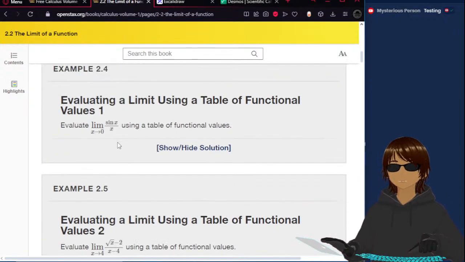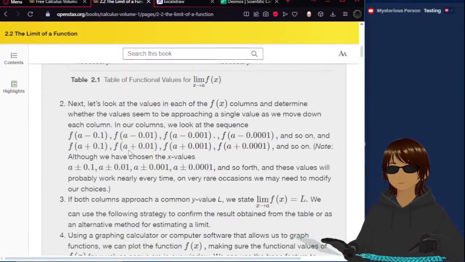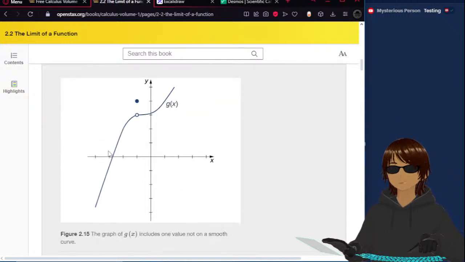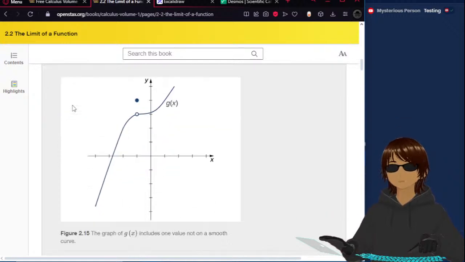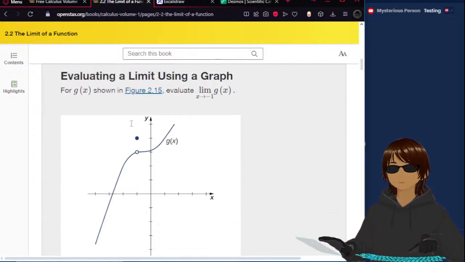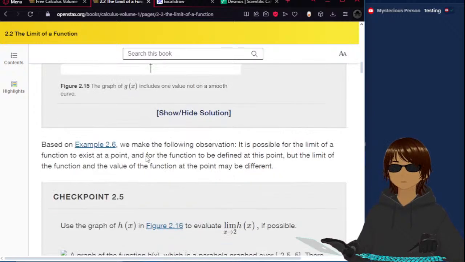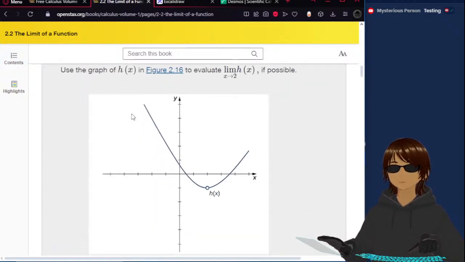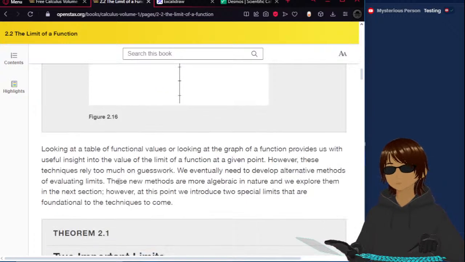Okay, I could do this, but it's going to take too long. The limit is 3, right? Yeah, the limit here is -1.